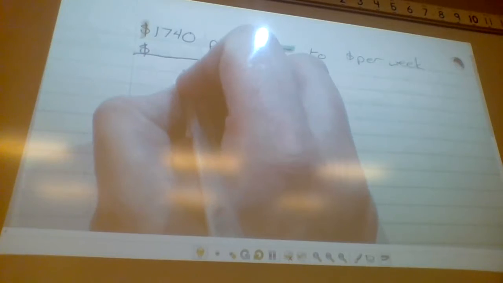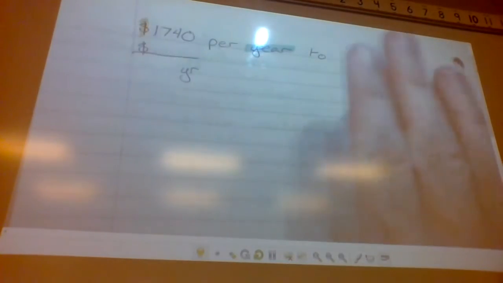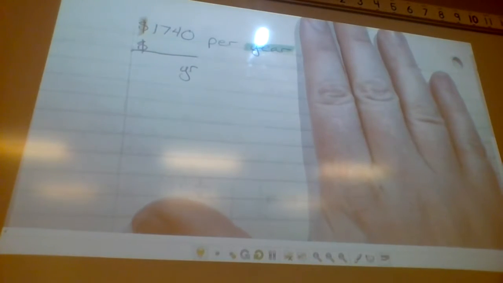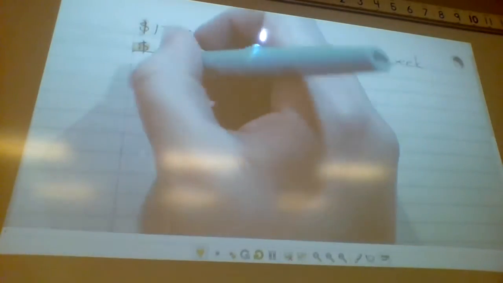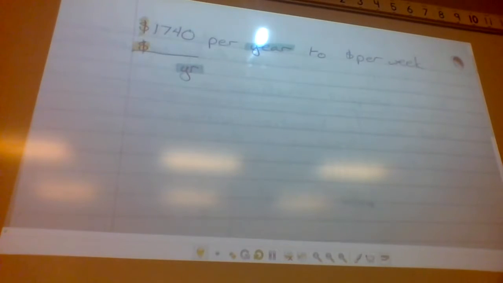Year. You just look at that starting one. All I'm doing is highlighting. Are we all okay with that? Easy enough?